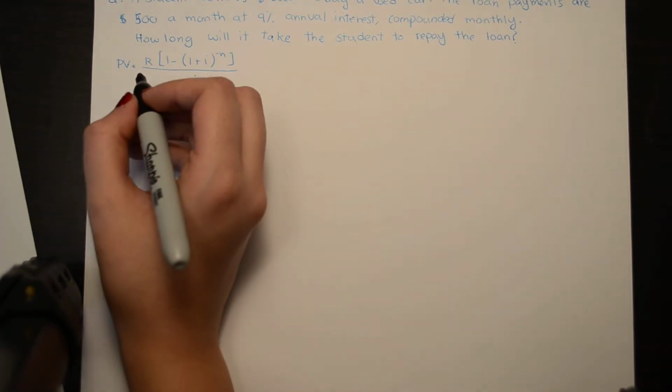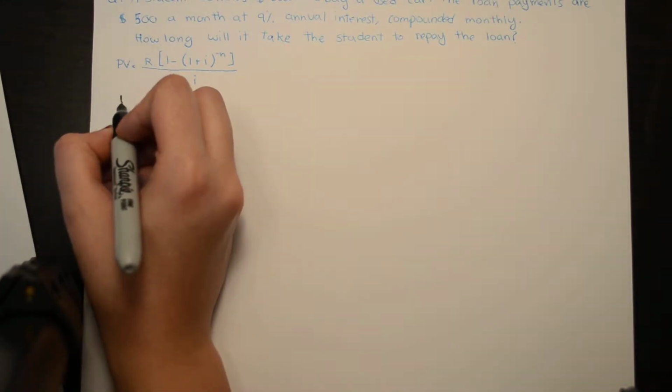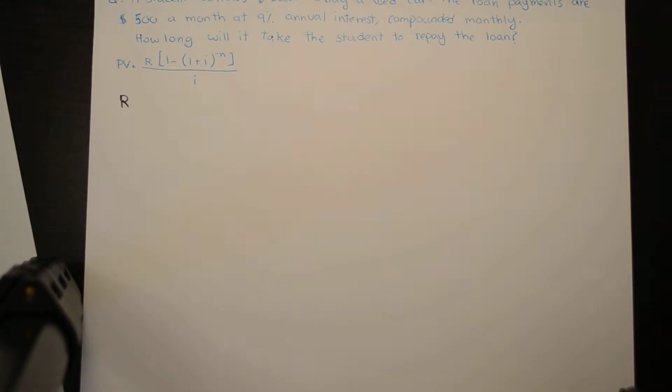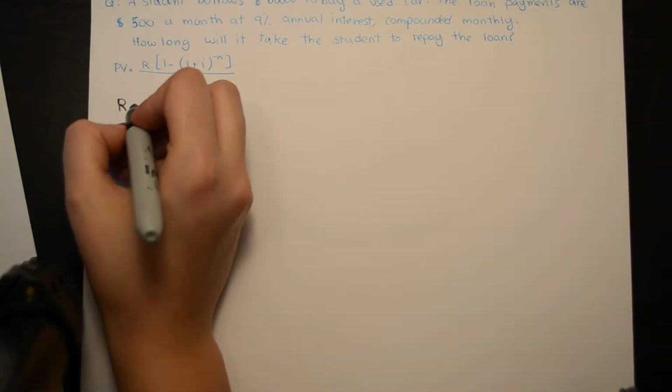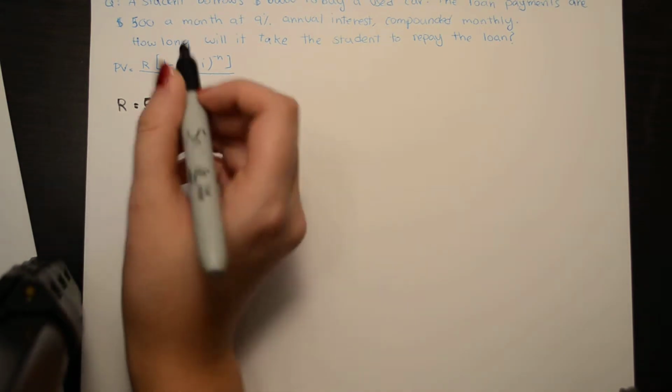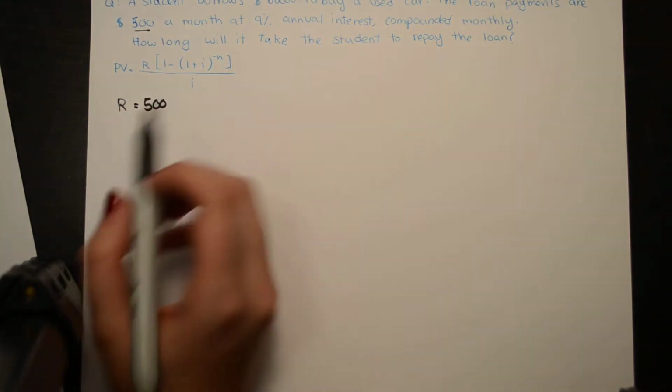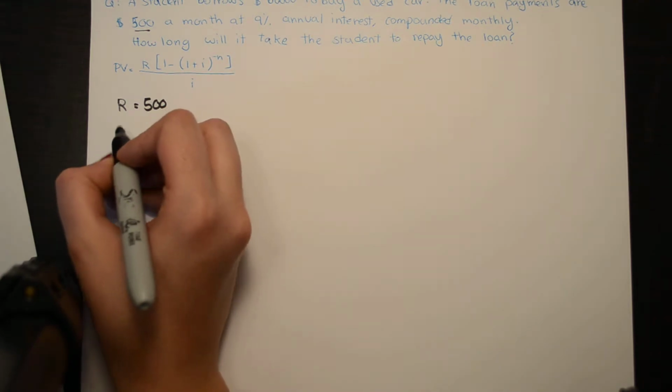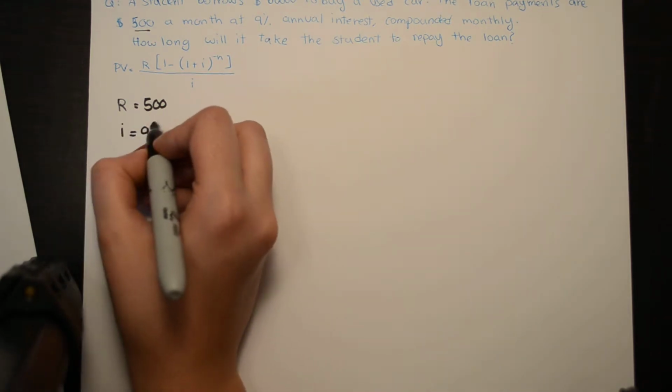So looking at the question, we will see that R is equal to $500 right here, and then the ratio is equal to 9%.